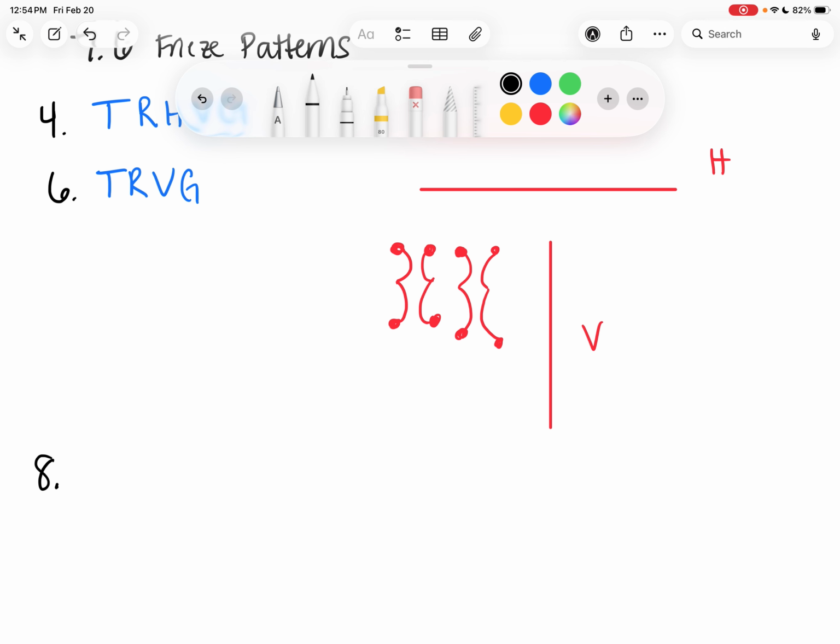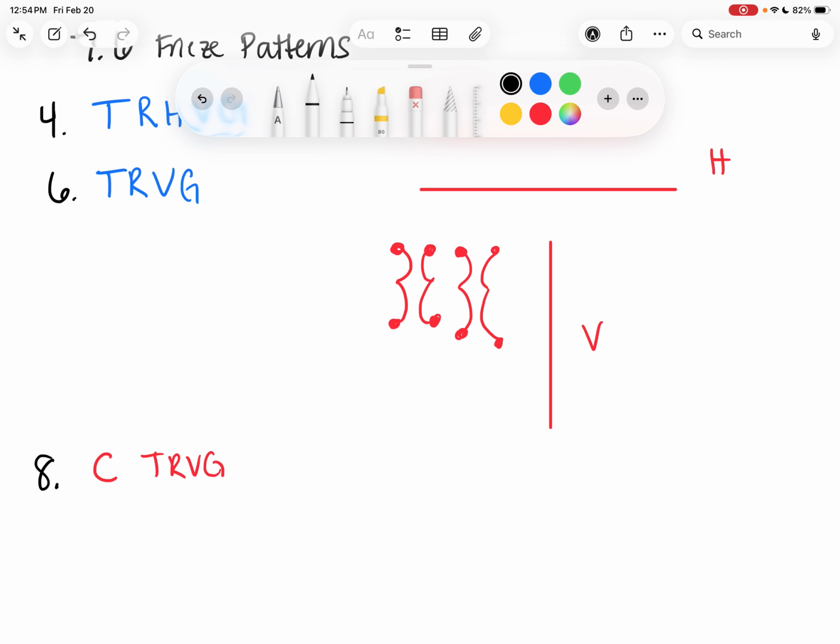And it wants to know A, B, C, or D, which one goes with that row of the sweater. Yep, C. So it doesn't go top to bottom, but it does go left to right. So that one would be C, which is the TRVG.